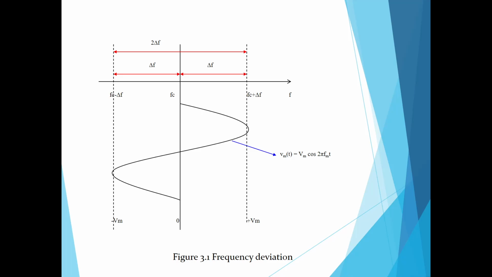Okay, so if you see from here, what happened actually? From this picture, it wants to show you the variation of the frequency in accordance with the variation of the amplitude of the input message.